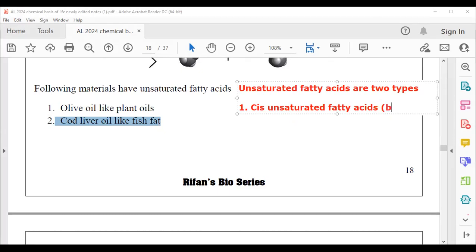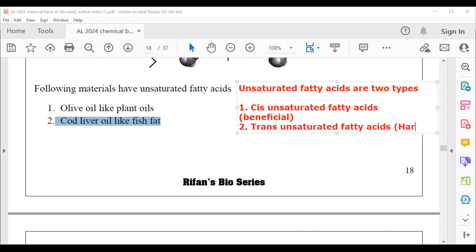It is beneficial. And second, trans unsaturated fatty acids. They are harmful. Clear? Clear, sir. You can mark it down.